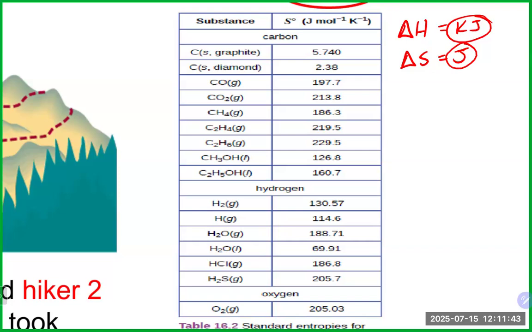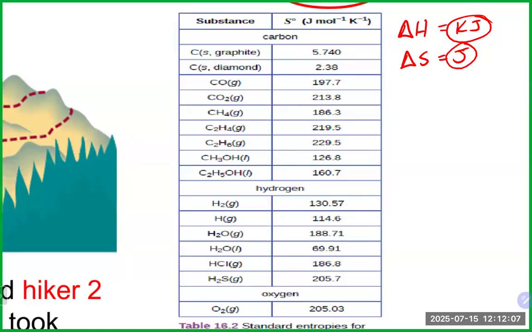Another different thing with S is, if you remember when you looked up the delta H formation table, the delta H for things in their standard state was 0. So if you had just copper metal or hydrogen gas or nitrogen gas or oxygen gas, those things had a value of 0.